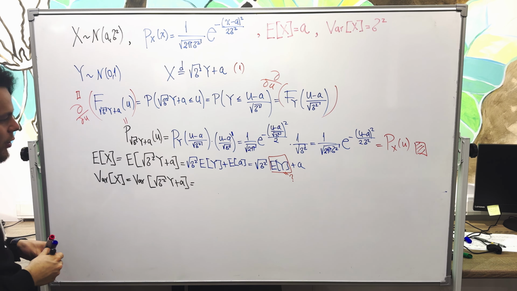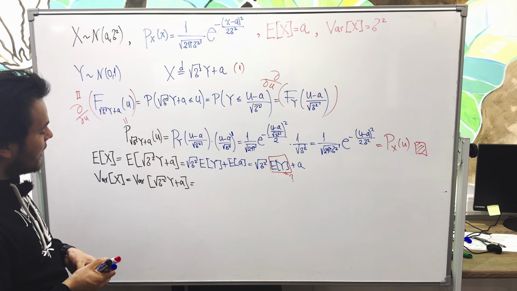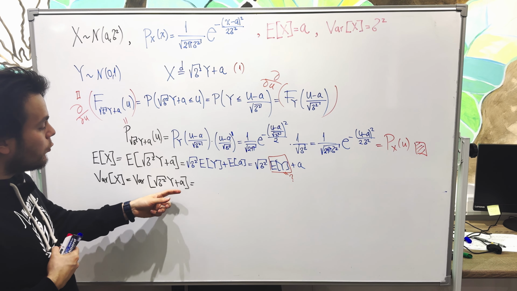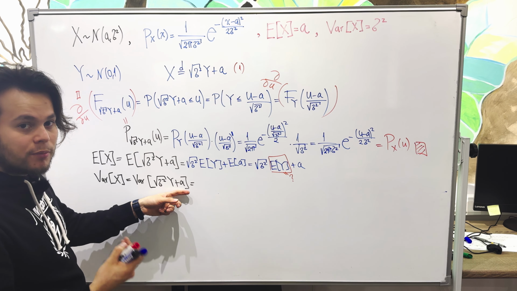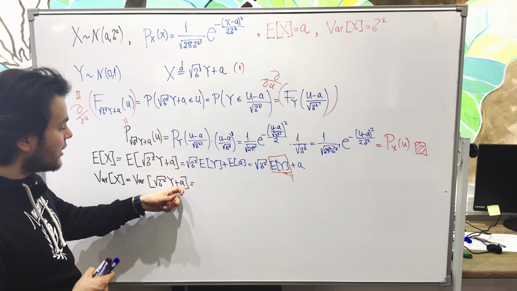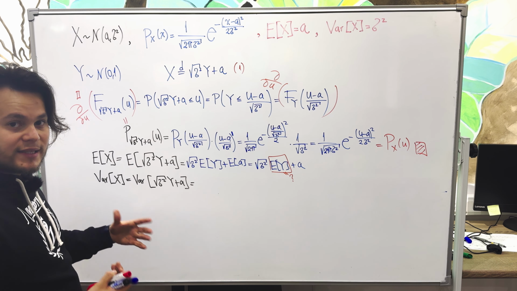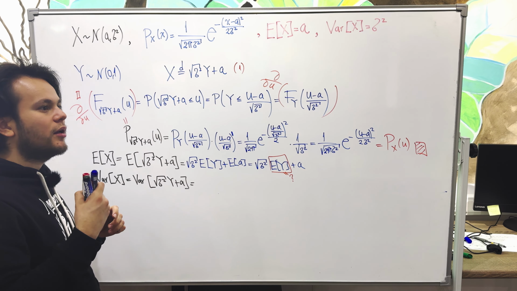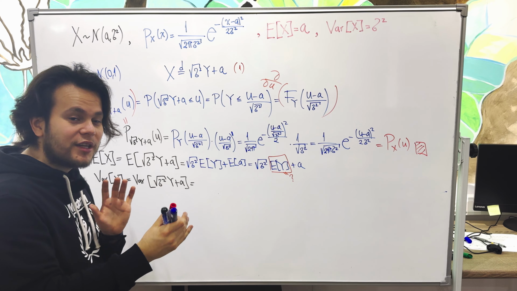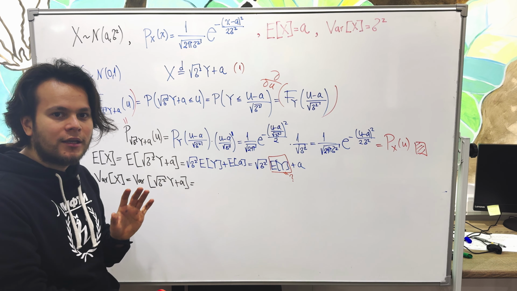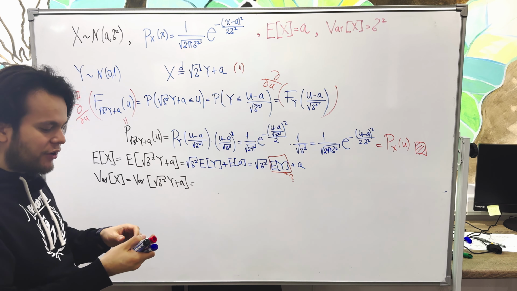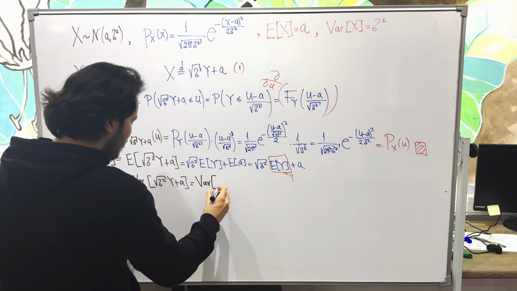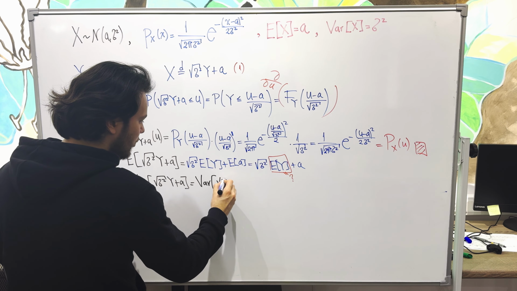The first thing that we have to notice is that by one of the properties, if we have some random variable and we sum this random variable with some constant, here a is a constant, then the variance is the same as without the constant. So this a doesn't change the variance, so this is equal just to the variance of the square root of sigma squared times y.